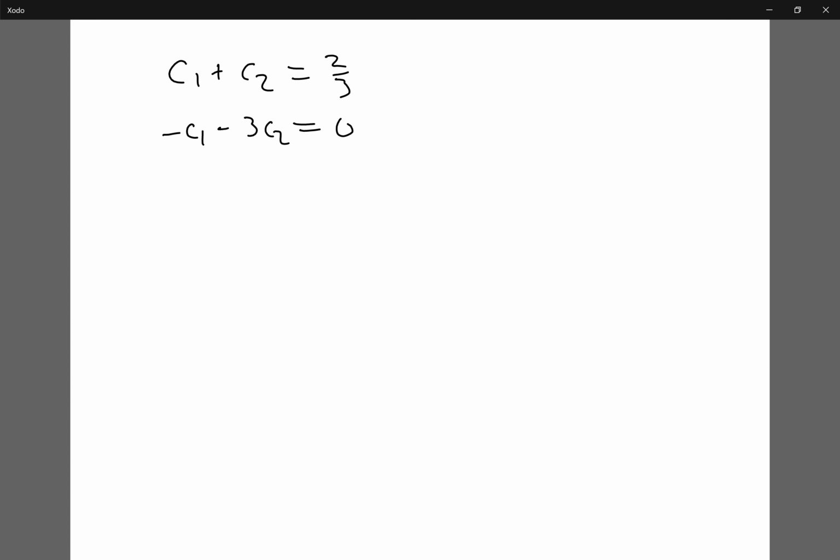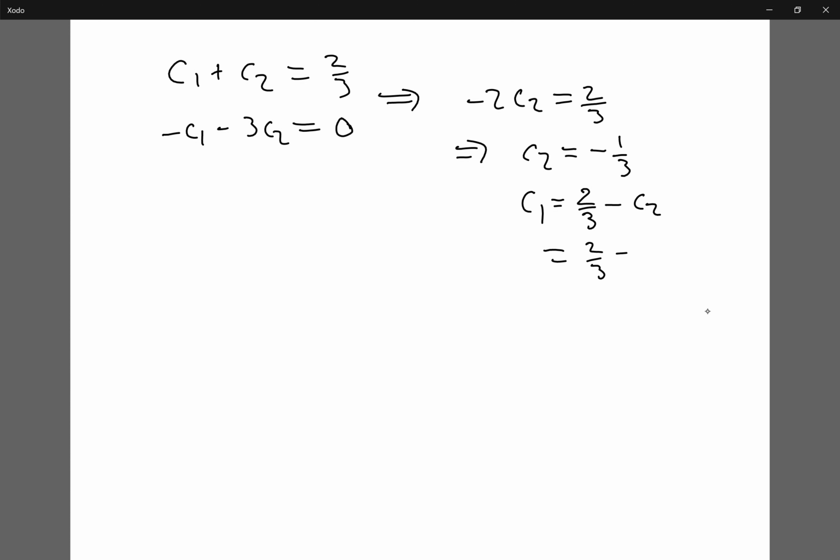If we were to add those equations together, we would have minus 2c2 equals 2/3. So c2 must be equal to negative 1/3. And c1, if we look at that first equation, we could bring a c2 over to the other side, and we'll have that c1 must be equal to 1.